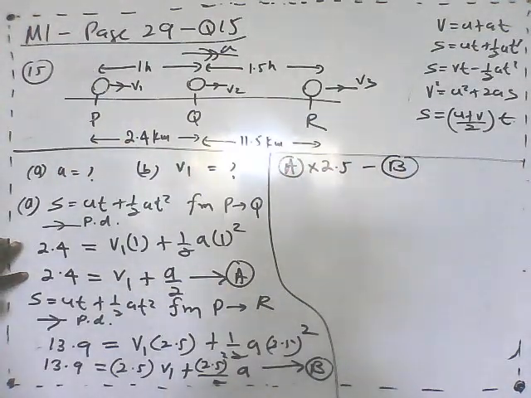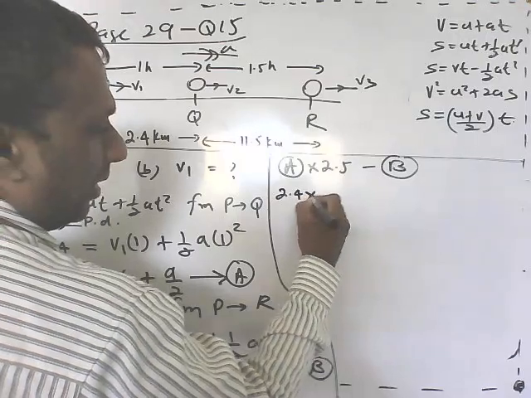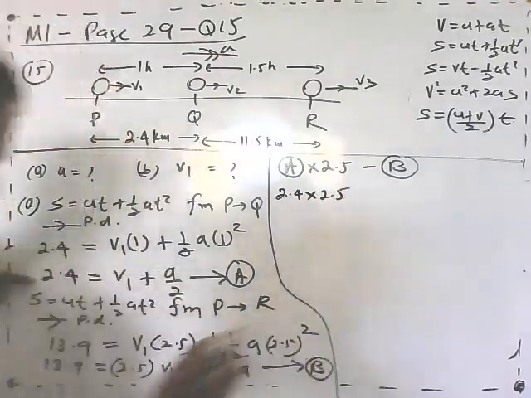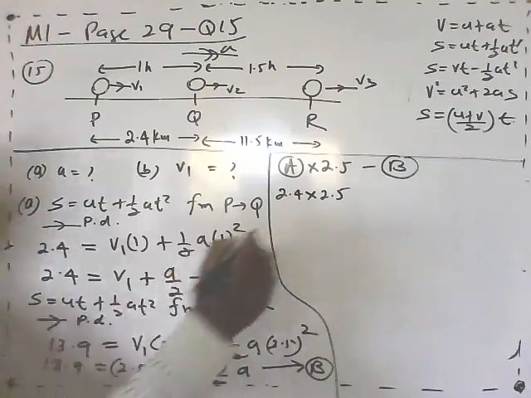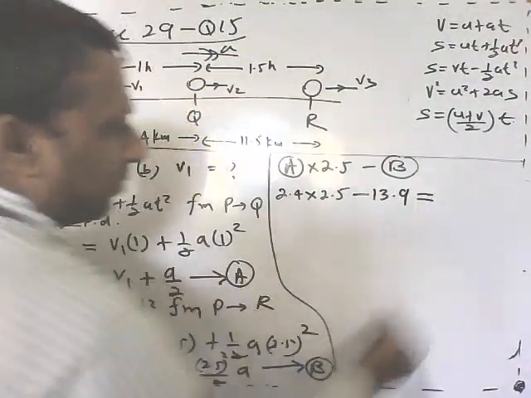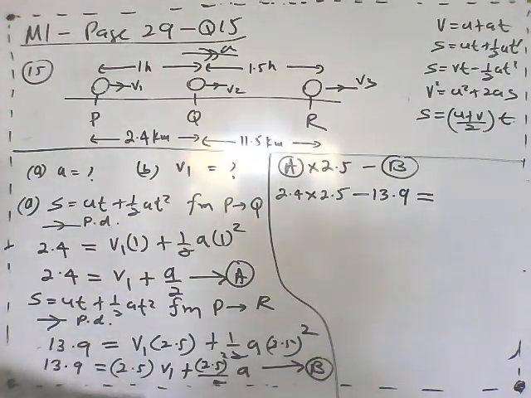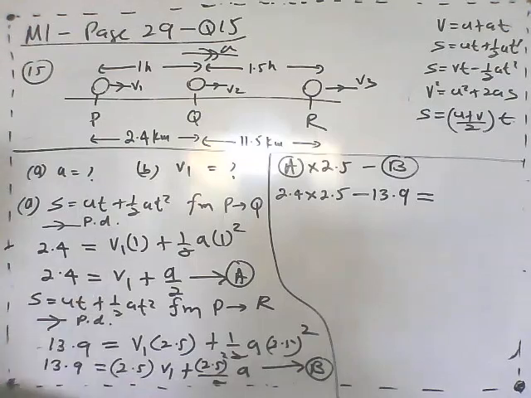So capital A. Then we will get 2.4 into 2.5, that part comes to LHS, minus 13.9 equals, this V1 part gets cancelled out. 2.5 V1 minus 2.5 V1, they cancel.